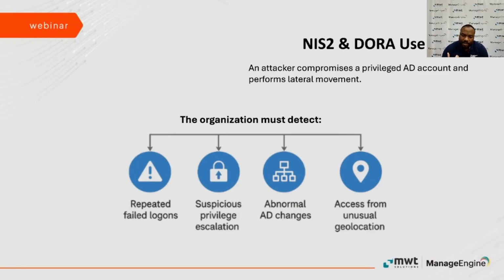They must be able to detect repeated failed logins, just like a brute force attack, suspicious privilege activities, or abnormal changes in the Active Directory. Or, this is very important, access from an unusual geographical location. So the attacker might be in a different location from the organization, but they need the right tools to be able to detect where this attack is coming from.